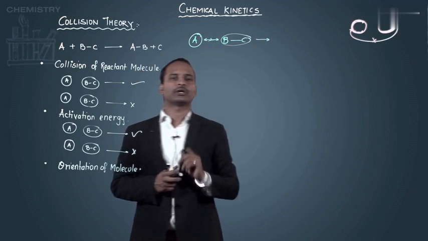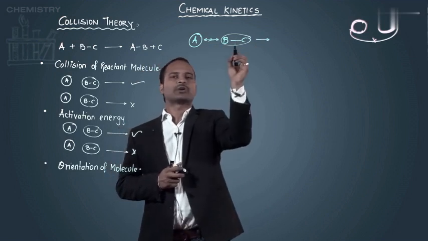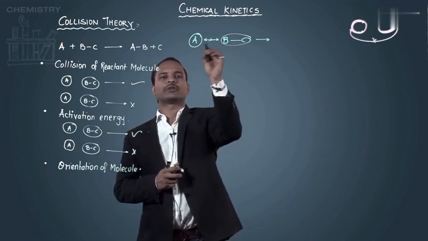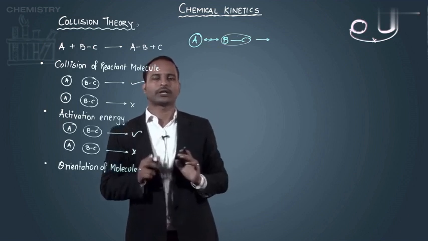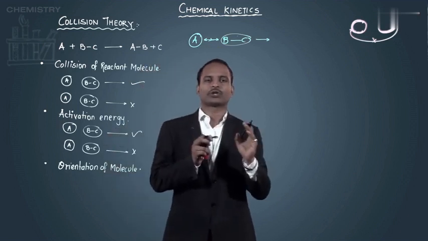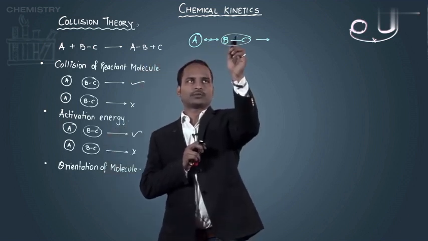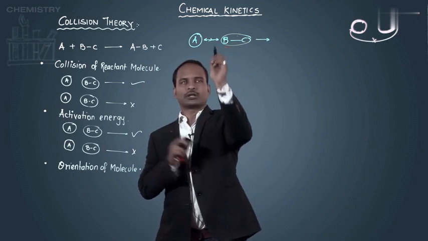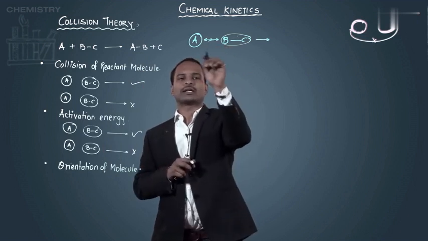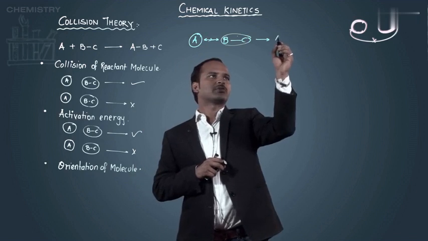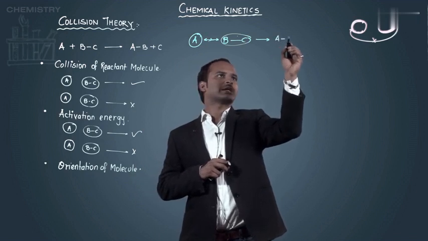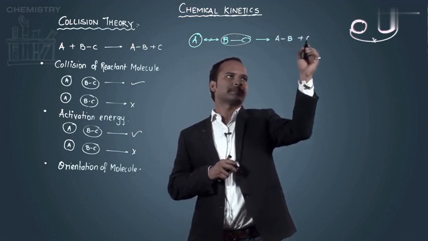Why am I saying the orientation is proper? Because this bond is going to break, and a new bond will form between A and B. So proper orientation means only the region where the bond is going to break and the bond is going to form should collide. So here the reaction will take place, and we will get AB plus C.